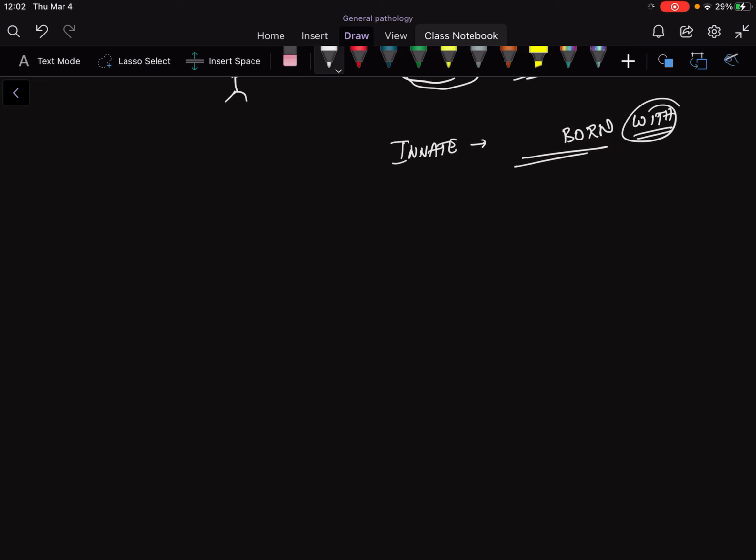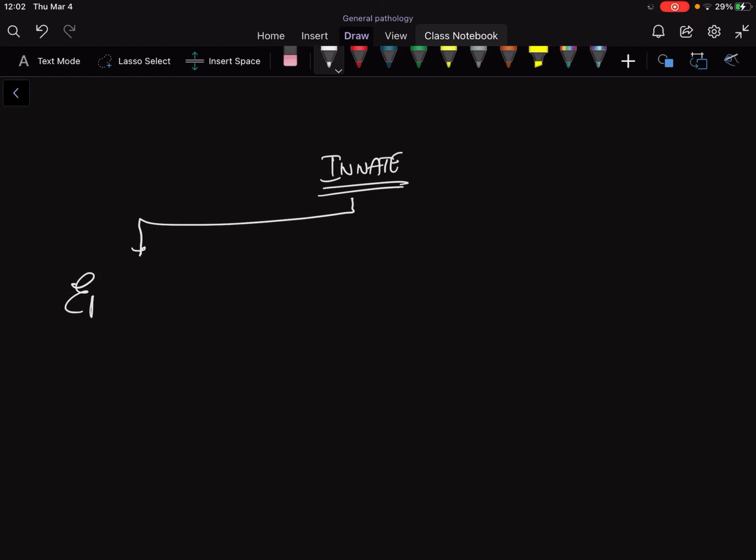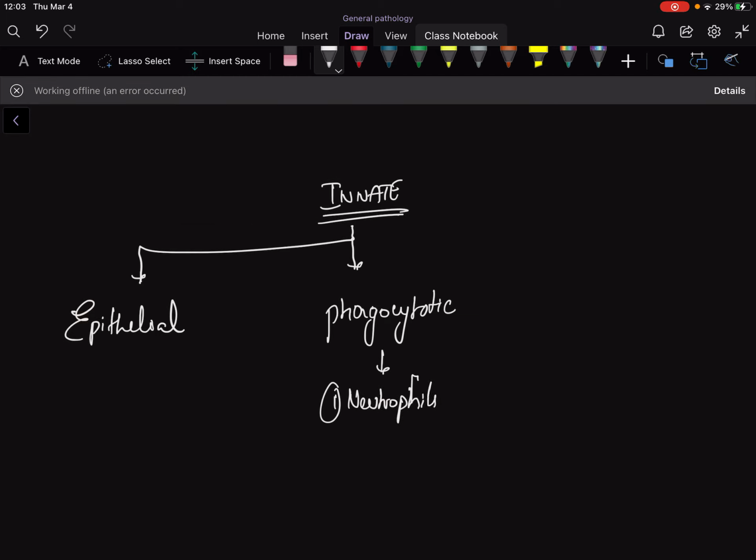In this innate immunity, there are different types of cells. First we will be talking about epithelial cells. Next we will be talking about phagocytotic cells, and these cells include neutrophils and macrophages.